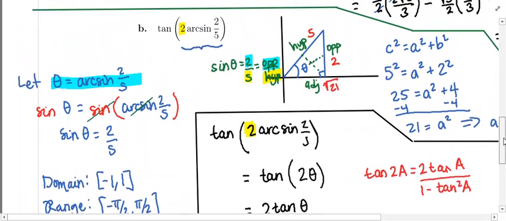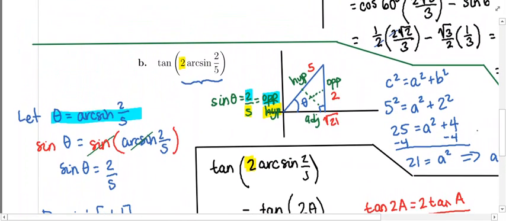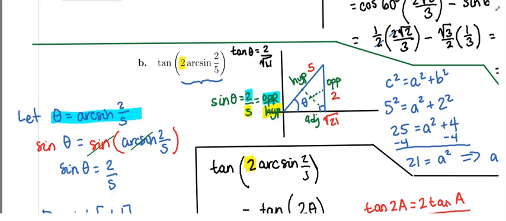Well, this is where the right triangle comes in. We have drawn a right triangle for theta, so we can read the tangent of theta from the triangle. The tangent is just the opposite over the adjacent. So that is going to be 2 over the square root of 21. That is going to be the tangent value here.